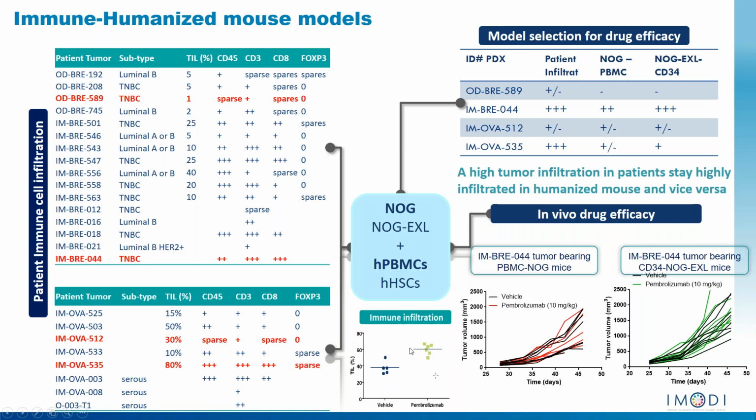But based on the FACS analysis of the immune infiltration, we are able to monitor a modification of the tumor infiltrating lymphocytes after the treatment with pembrolizumab. So meaning that the compound reaches the cells and the target and performs the job, but it doesn't translate into tumor size reduction.